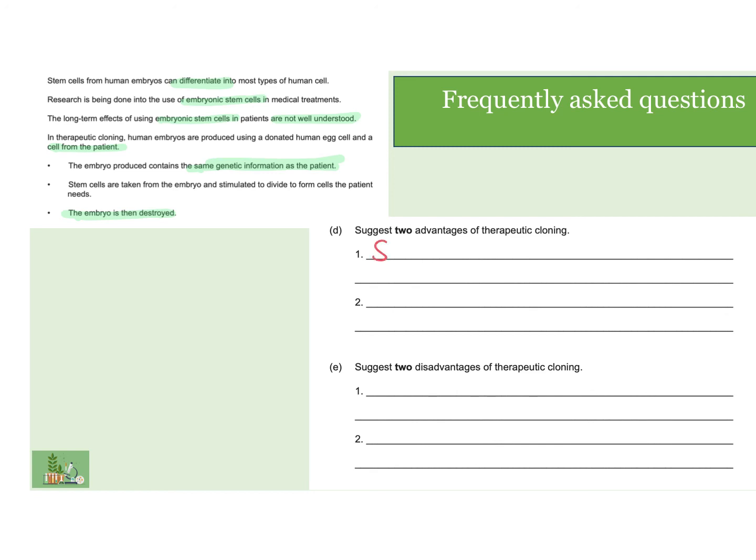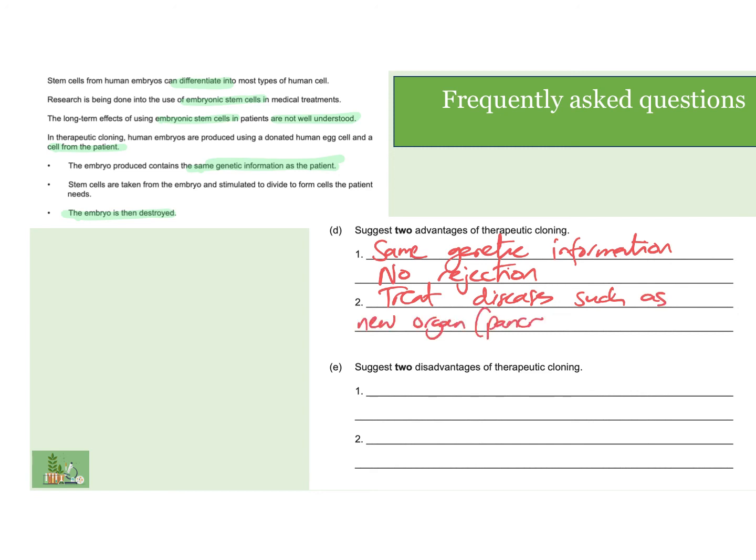So first of all, it has the same genetic information, which means there'll be no rejection. The second thing it talks about is the fact that they can be used to treat diseases, such as a new organ, e.g. a pancreas, or paralysis.